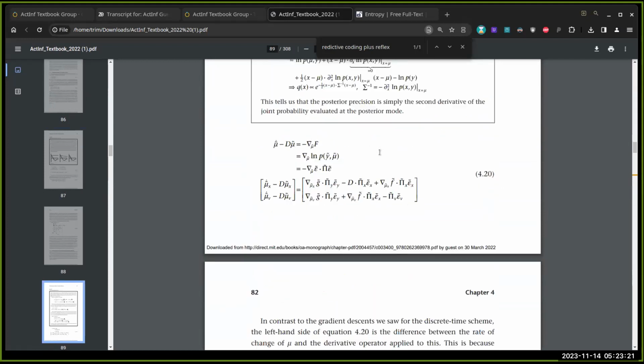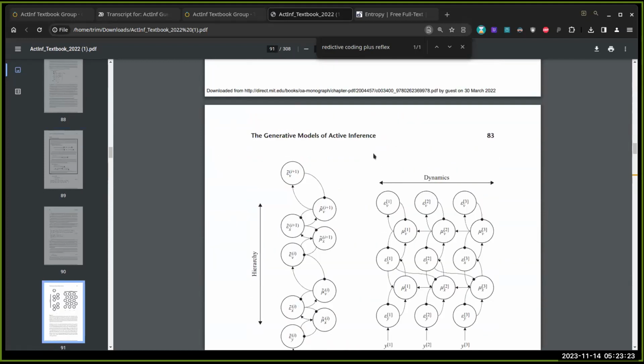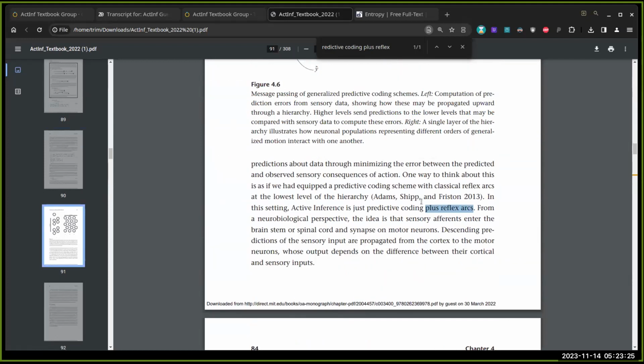The reflex arcs are just moving to resolve the difference. So simple motor systems are able to be modeled as predictive coding on the base layer with proprioception and action, plus higher level reflex arcs that basically enact default policies when the set point is deviated from.